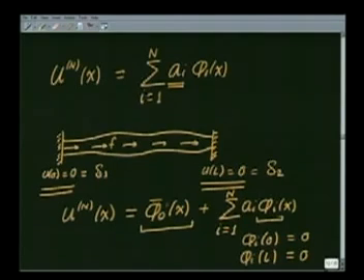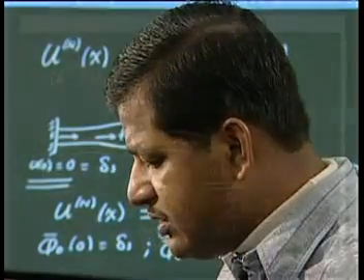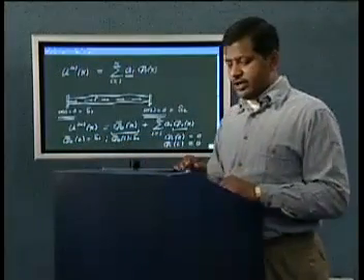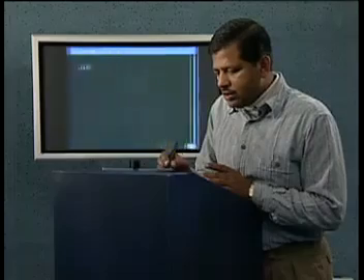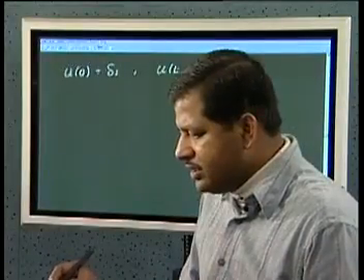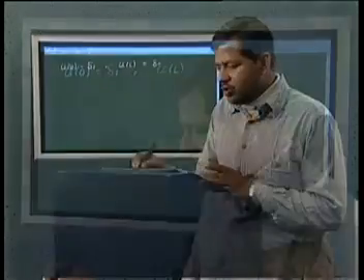In that case, phi 0 bar at 0 has to be equal to delta 1 and phi 0 bar at L has to be delta 2, while the phi i's will satisfy the conditions of 0 value at the two ends. So in this case, let us say that my u at 0 is equal to delta 1 and u at L is equal to delta 2.